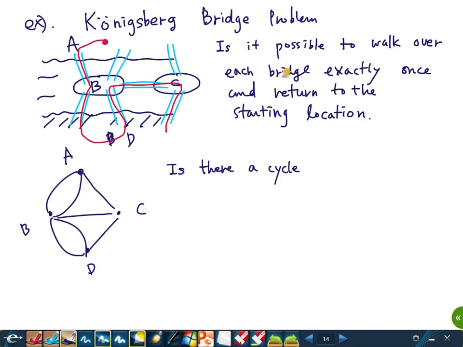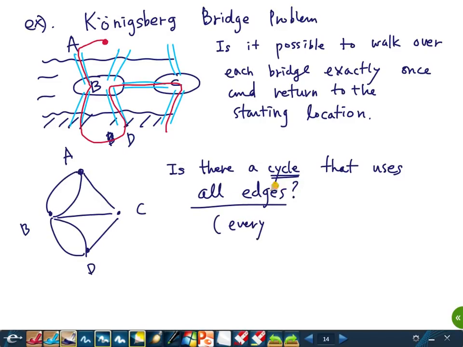But we still have this exactly once. That means, is there a cycle that uses all edges? In the definition of a cycle, it means we use one edge at most once. So in this question, all edges means every edge, because it's assumed it's a cycle, every edge is used exactly once.